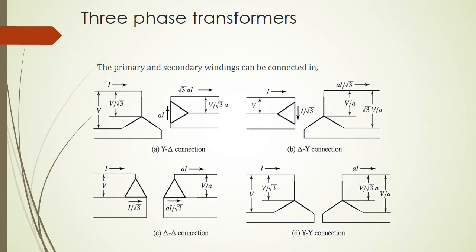The second case is delta Y. Third one is delta delta, and the last one is Y Y connection. The difference is only that we have 3 or 4 inputs, and also the voltages are different. They will also be different in the sense that we look into the sequence impedance later, but I will explain it later.